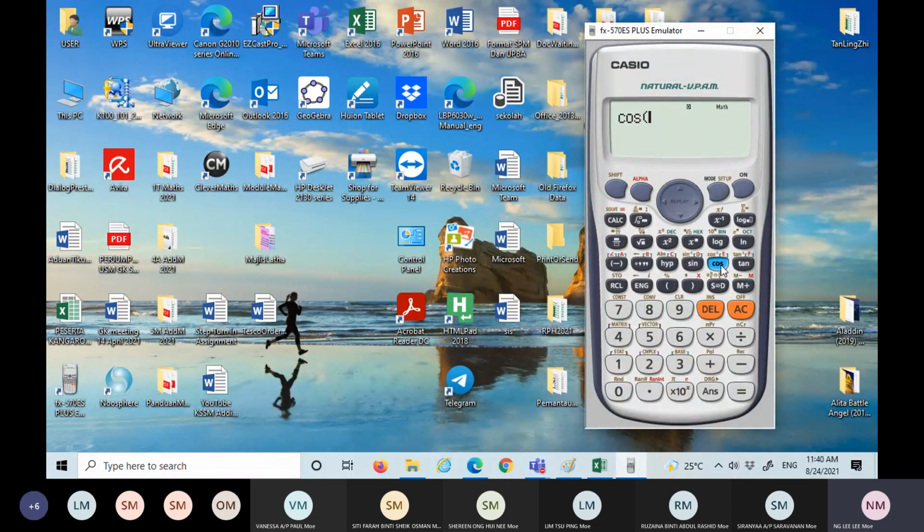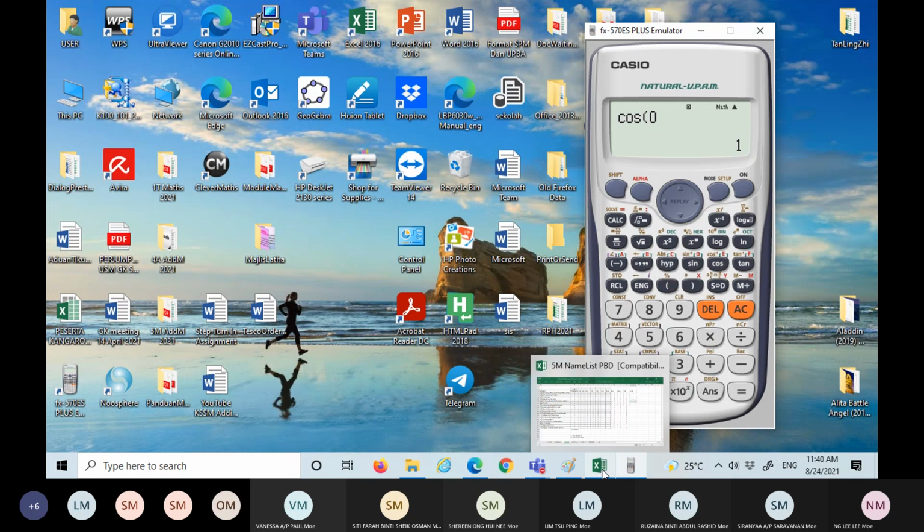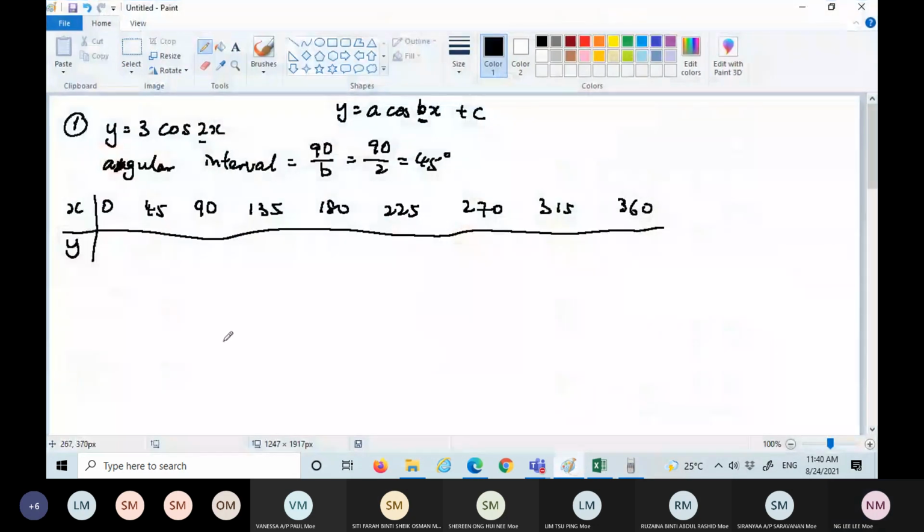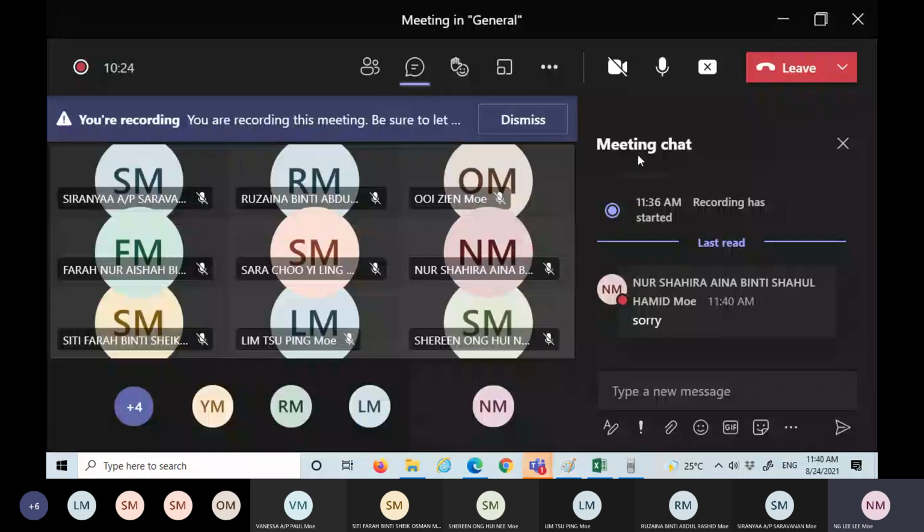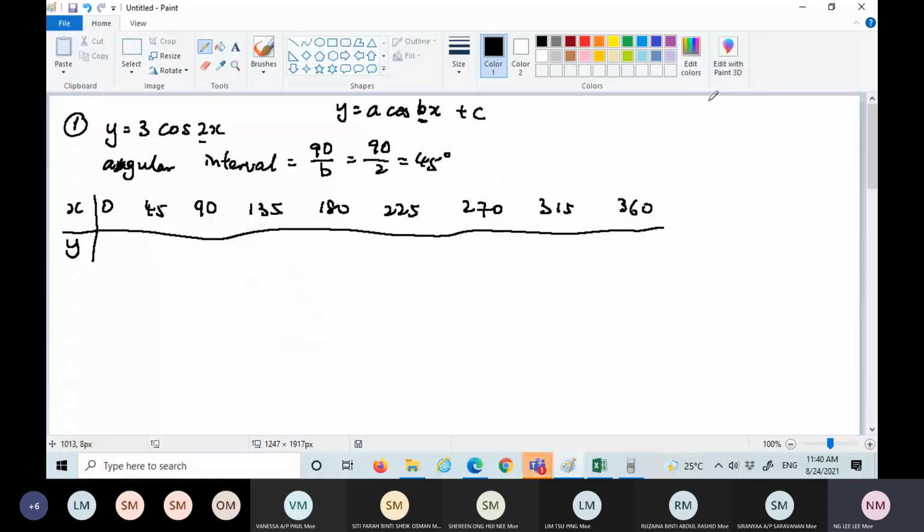Cos 0 is 1. 1 times 3. So is the answer 0? Shahira, what's the answer?